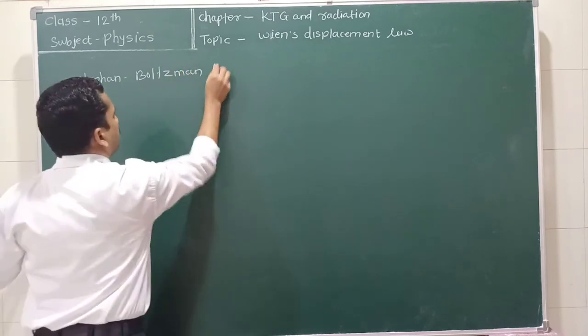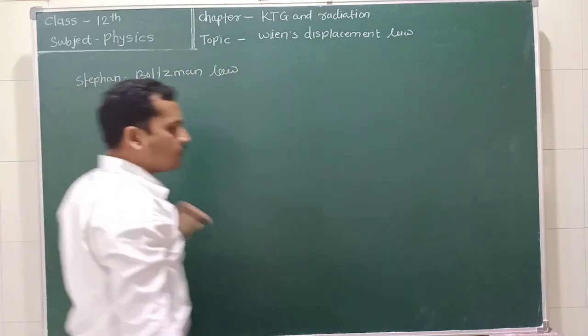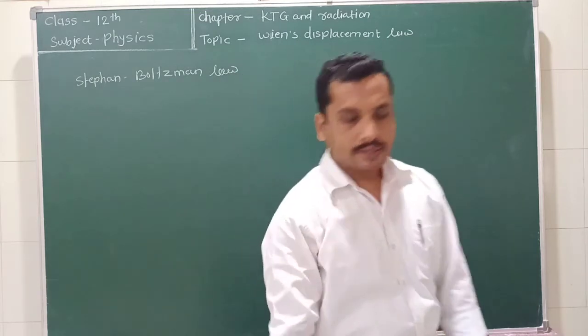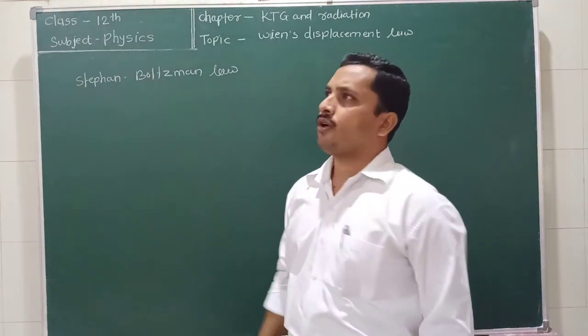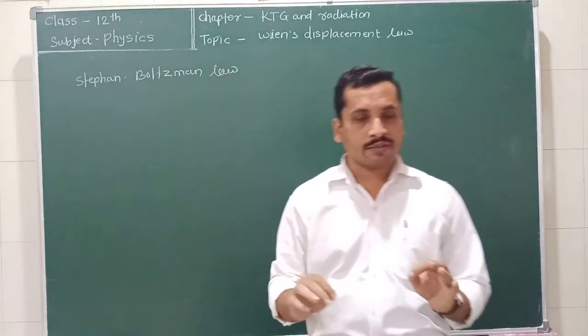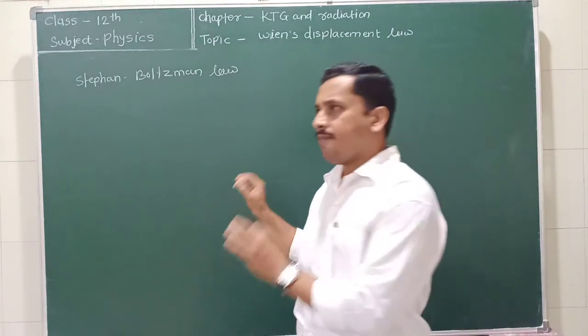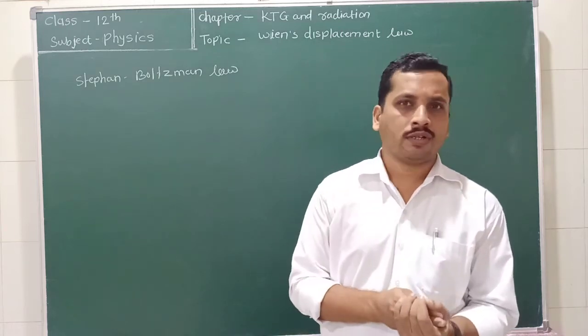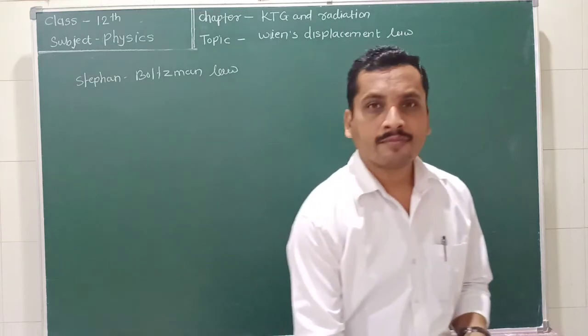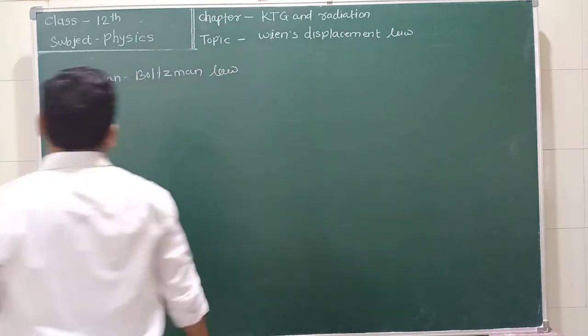What is the Stefan-Boltzmann law? Stefan and Boltzmann derived the relation between the emissive power of the black body and the absolute temperature. Now, what is the formula for that?